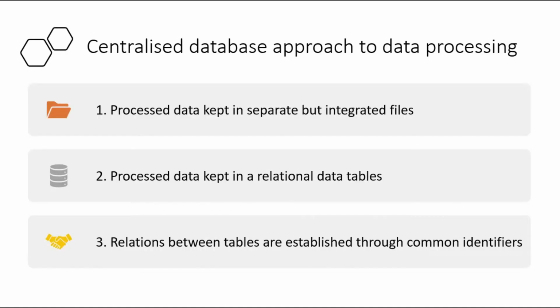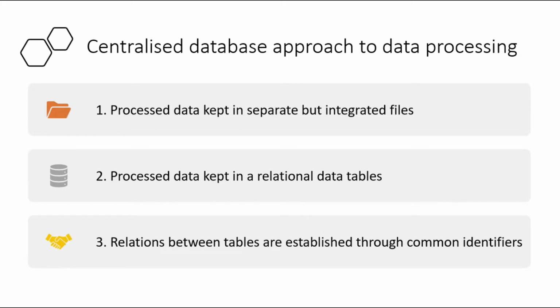In the centralized database approach, the data is being kept in separate, but still integrated, files. That means the files can talk to each other. The way the files talk to each other is because there are common fields or common identifiers in each of the files.